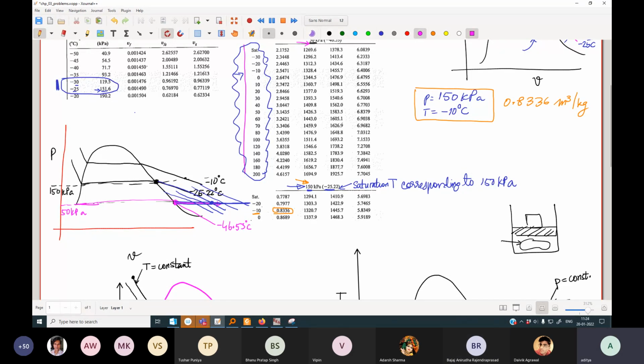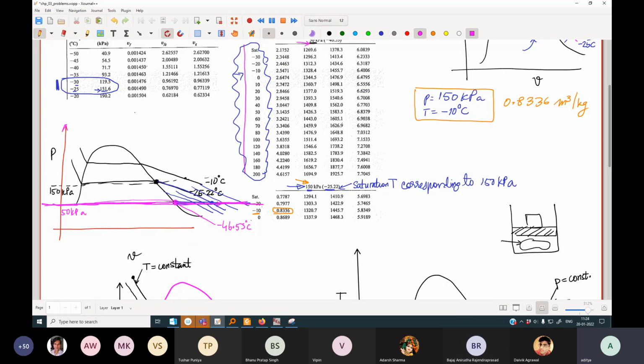This pink line you mean? Yes, this pink line. No, the pink line is just the 50 kilopascal line. When the y coordinate is pressure, the 50 kilopascal line will extend to infinity. Okay sir, I think I mistakenly understood that that is an isothermal line. Sorry sir, this is the isobar.